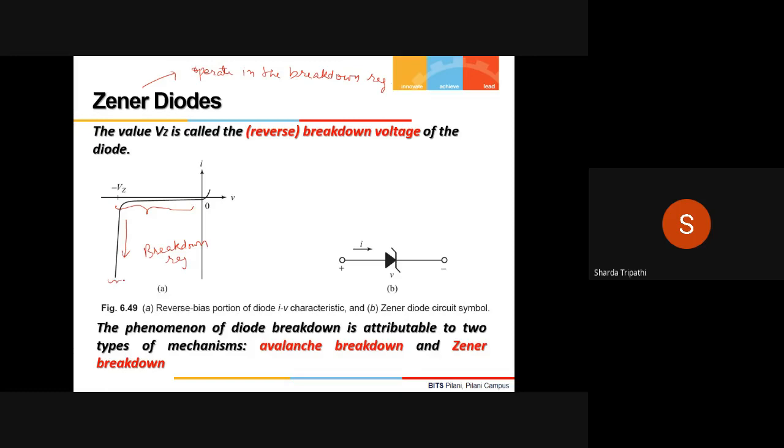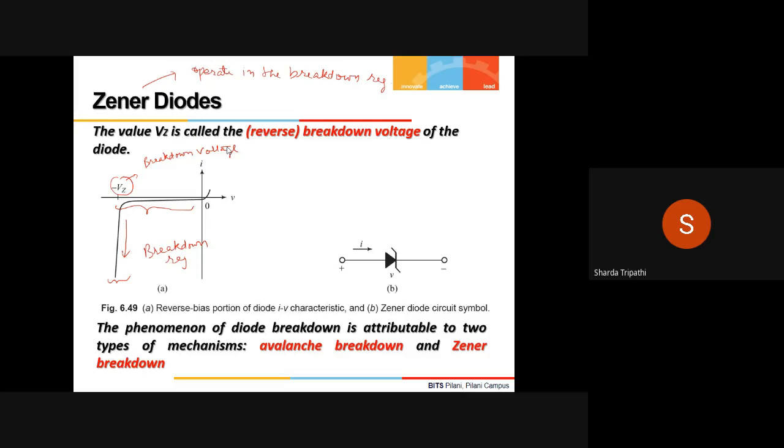And during this time, the voltage across the diode remains pretty much constant at a value equal to minus Vz, which is also known as the breakdown voltage of the diode. So two things in the breakdown region.